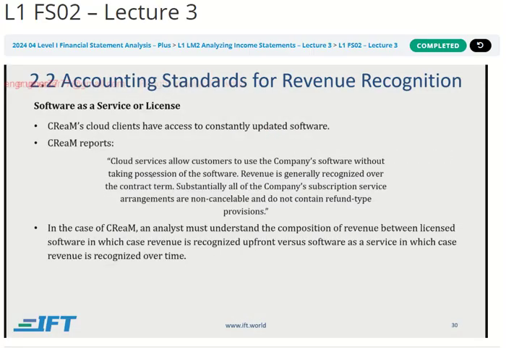And they have disclosed that as well, that for customers who are going for the SaaS model, right, without taking possession of the software, they will just recognize that revenue over the contract term as they are using that service. Agreements are non-cancelable and do not contain refund type provisions.